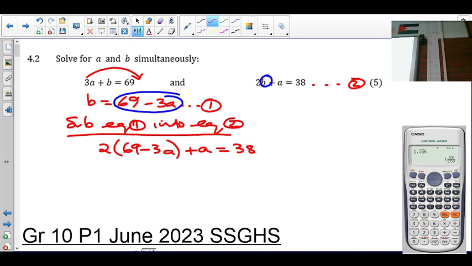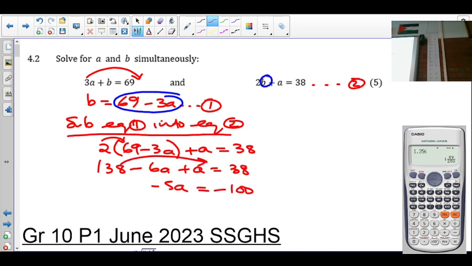The brackets, not so. So 2 times 69 is 138 minus 6a plus a is equal to 38. A is on one side, numbers the other side, so it's negative 5a is equal to 38 minus 138, which is negative 100. So a works out to be 20.